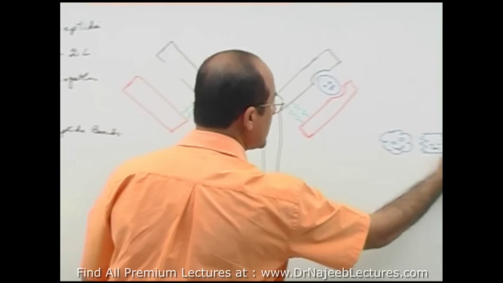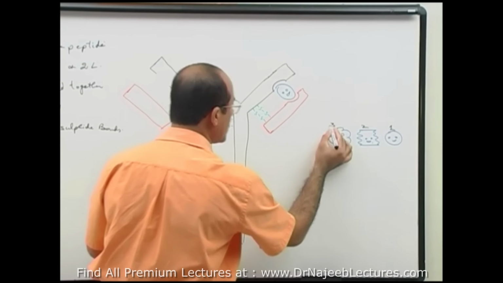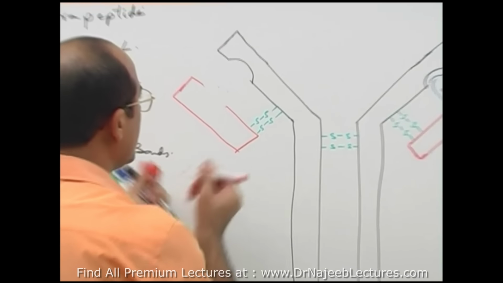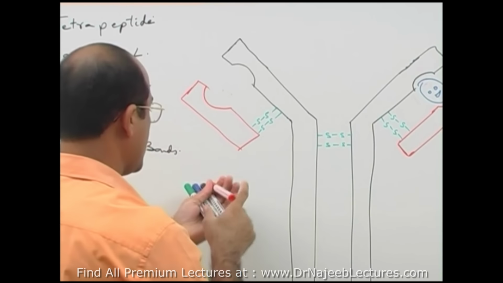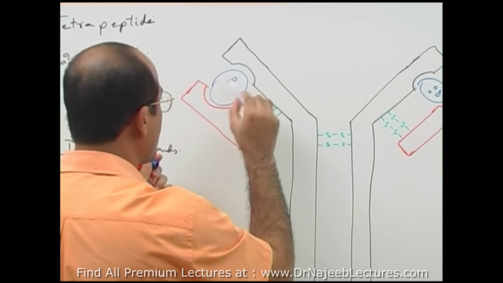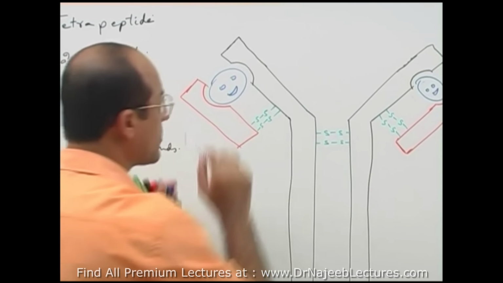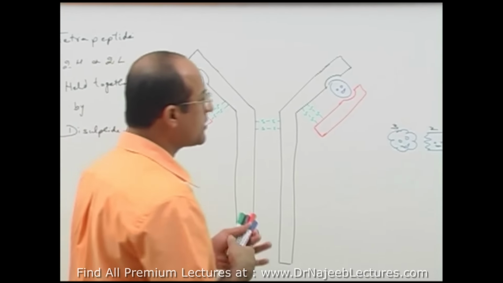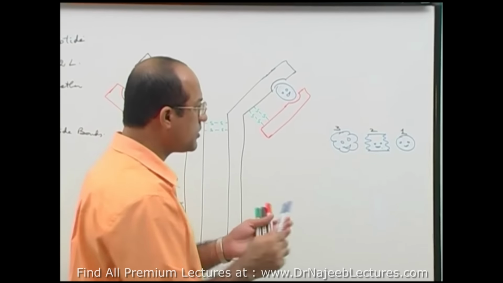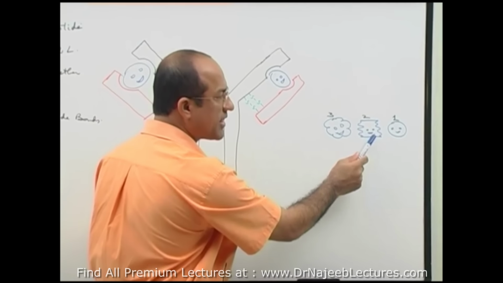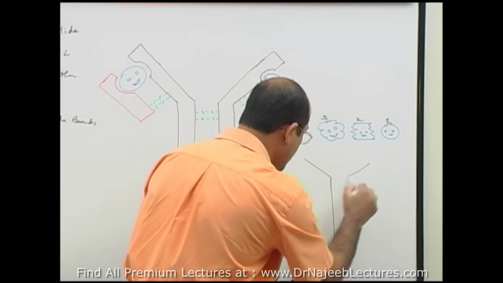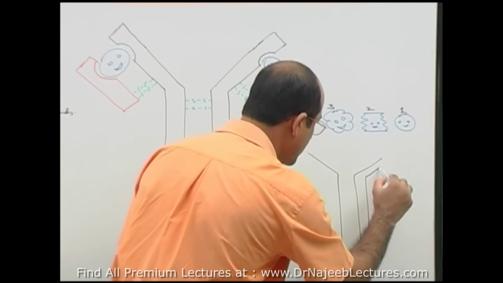Suppose this is antigen number 1, this is antigen number 2, this is antigen number 3. Is that right? Am I clear? Now, opposite to that, if there is another antibody directed for that antigen, it will have some difference.